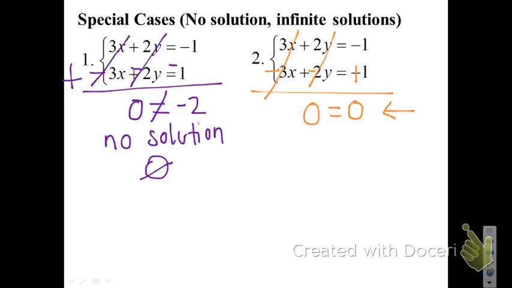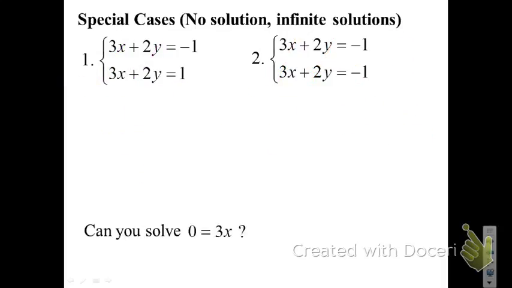Because it's true, we say there are infinite solutions, or we can use that sideways 8 to represent infinite solutions. What that means is that these two lines are exactly the same line.